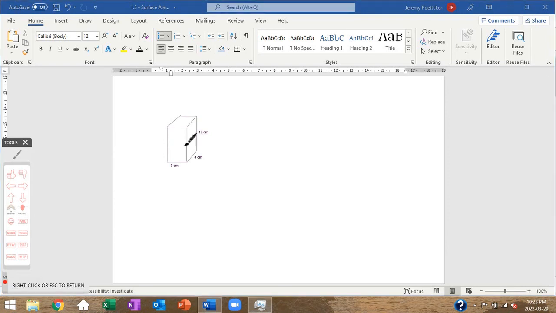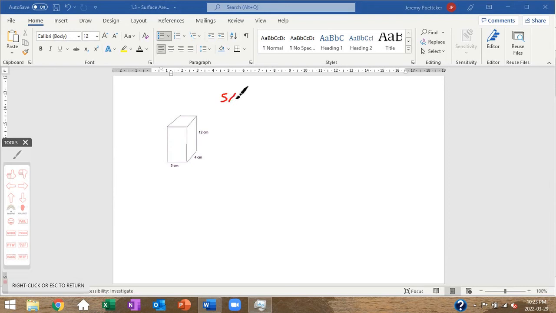Now, here we've got a box, a rectangular prism, if you'd like. There is a formula for this. But essentially, the formula is saying we need 2 times the front and back, 2 times the sides, and 2 times the top and bottom, which are the same.